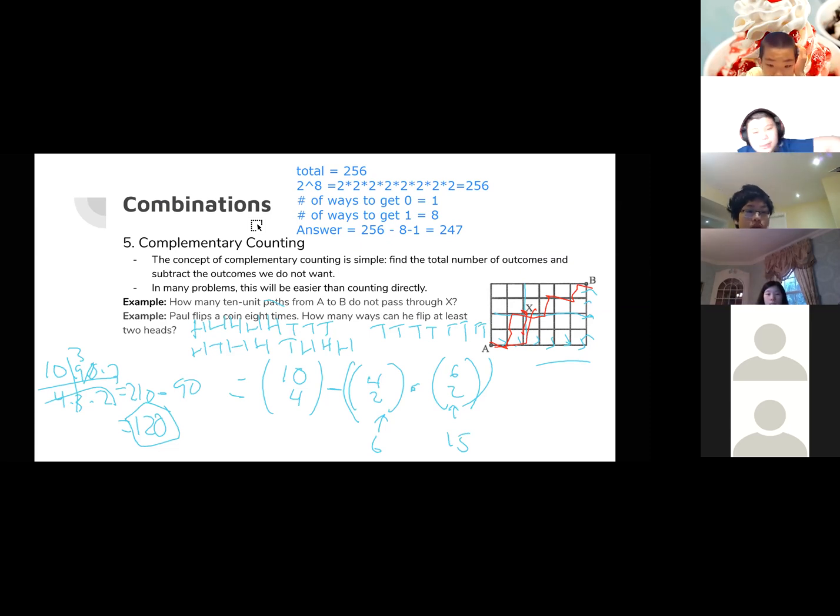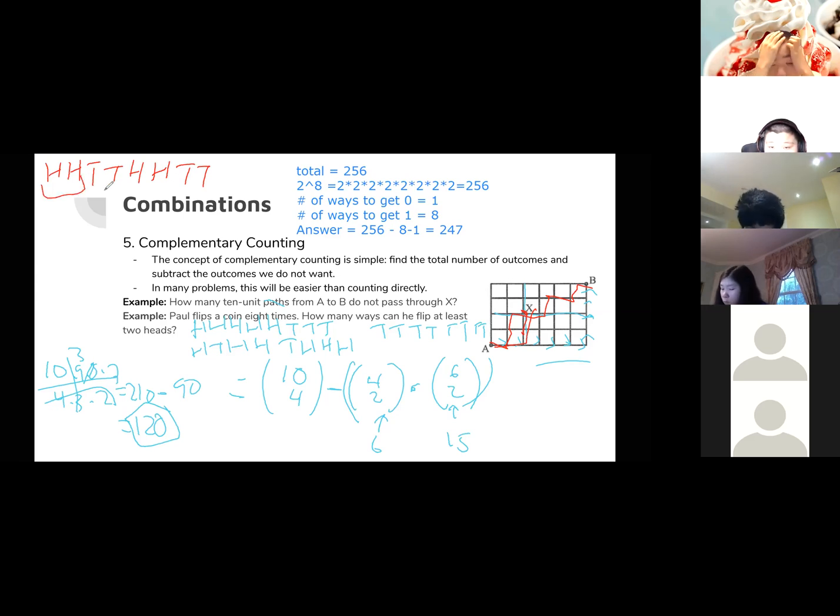The issue with that, though, is you got overcounting, and it's not just overcounting you can divide out, because it's inconsistent. An example is if you have something like H, H, T, T, H, H, T, T. Let's take a look at how many ways this is counted. If you choose these two from the 8 choose 2, then that clearly works, but you can also choose these two, or these two, or these two, or these two.